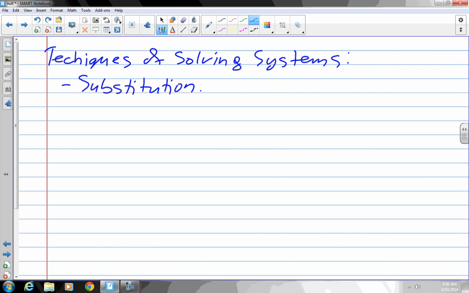Because you all know the substitution method, right? You've done that. If I give you a system, let's make one up, say 2x minus y equals 4, and x plus 3y equals -7. And I want you to solve this by substitution.